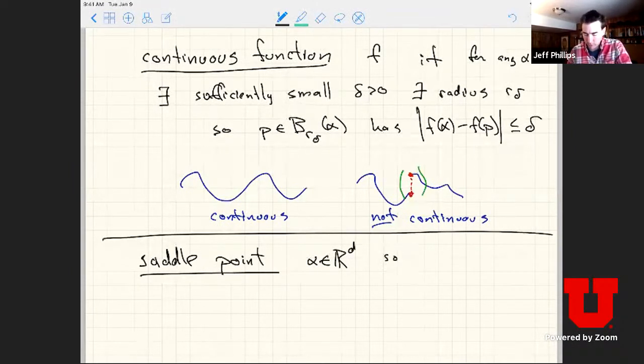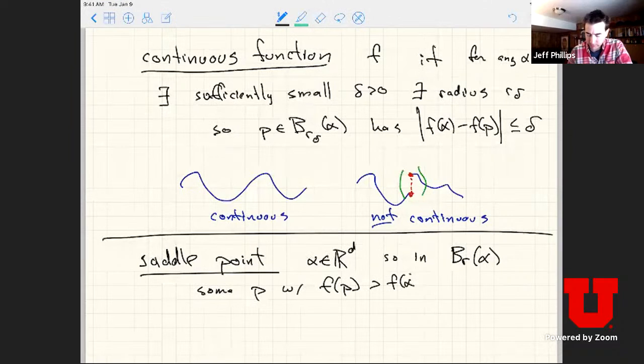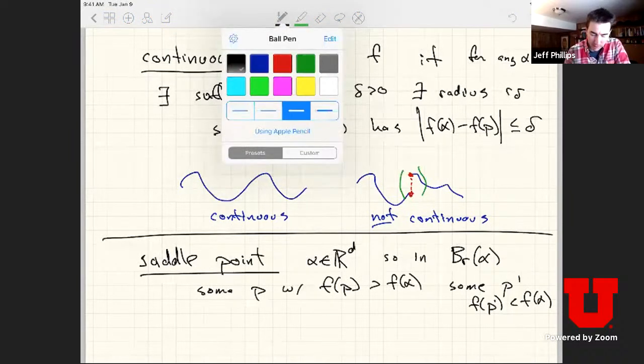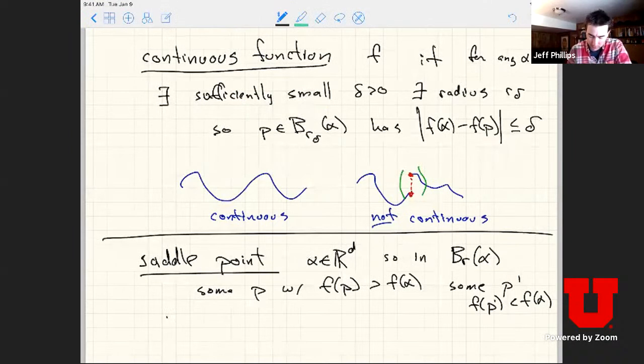Okay, it's going to be a point in R^d. So in this local neighborhood of alpha, there are some p with the function value f(p) greater than f(alpha), and some p prime with the function value f(p prime) less than f(alpha). So far this isn't very interesting, but there's another condition.